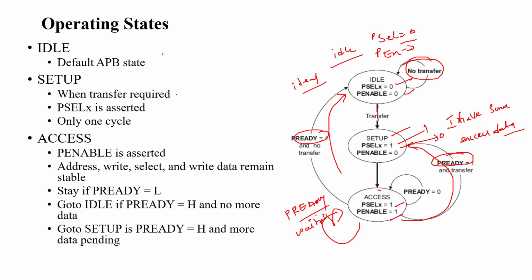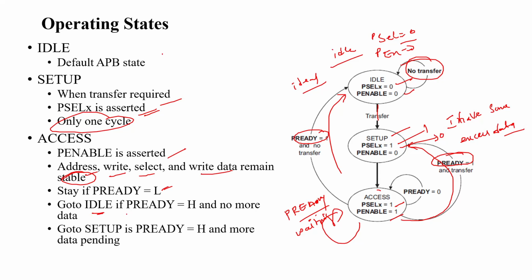See, when a transfer is required, PSELECT should be asserted for only one clock cycle. And then in the access phase, PENABLE is asserted. That means the address, write, select, and write data should remain stable until the ready signal is 1. If the ready signal is low, still maintain stable and do not go to the idle state.